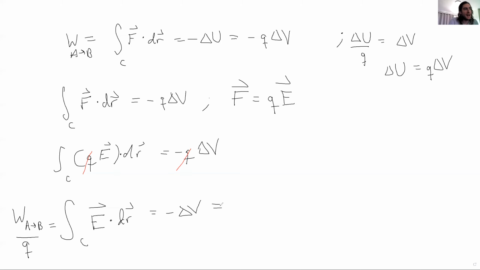And so when I write out this delta V expression, it has to be VB minus VA, because when we write a delta, that means final minus initial. So if we start at A and we go to B, B is the final. So final minus initial, VB minus VA, like so.